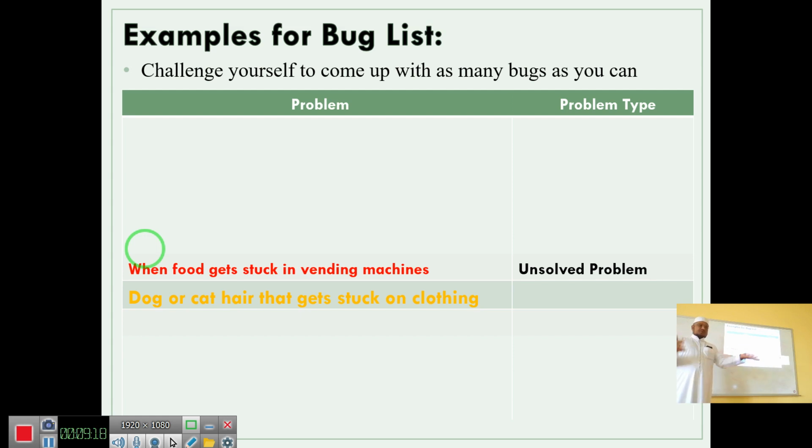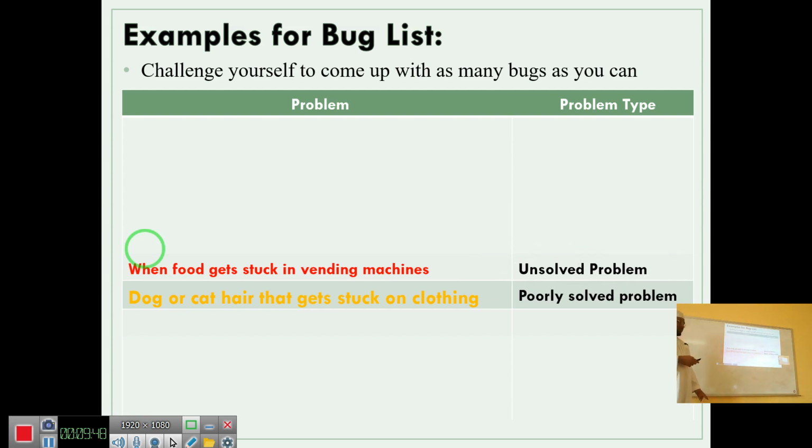We don't use dogs, but foreigners use dogs also. When you are playing with the cats, due to woolen shirts or woolen clothes, the hair will be stuck in our clothes, right? So how to remove that? Many devices are there, some cleaning brush is there, but sometimes it will not remove all. So it is a poorly solved problem.